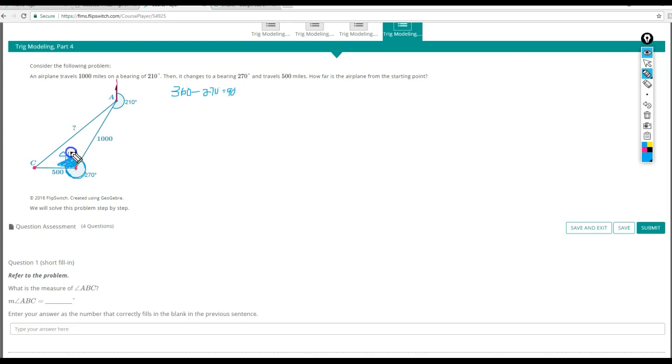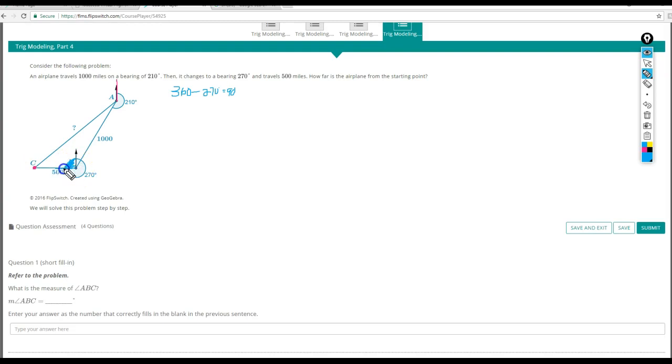But that's not the full angle measure of ABC. We have this little portion that is beyond what our bearing is. So if we look at this, we just found from here to here, from our bearing to the side length BC.